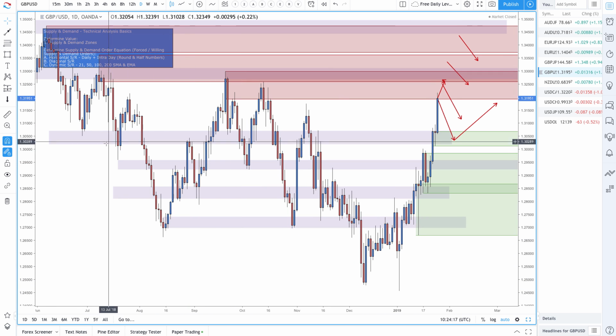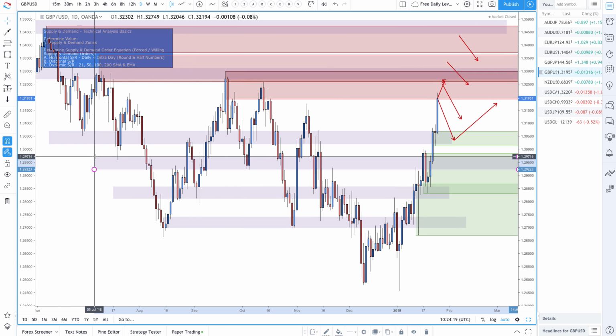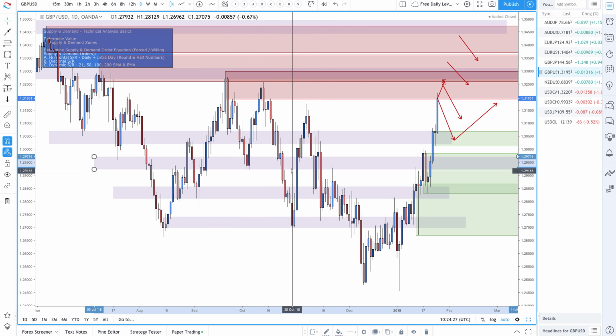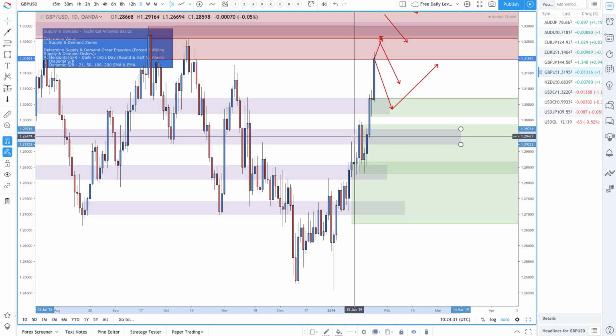So I think those are your areas: support, resistance, a bit of support within this sideways price action. But you can see where it has reacted from these areas and from this price area.